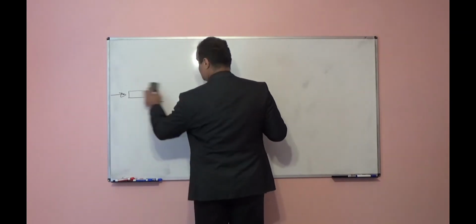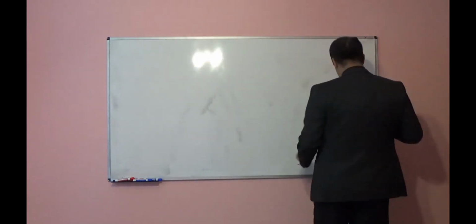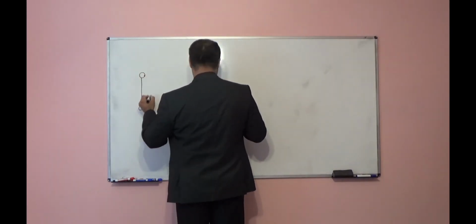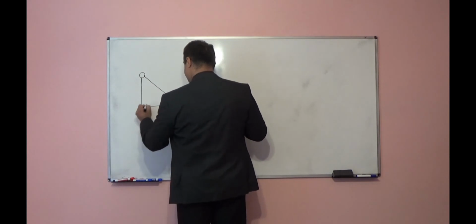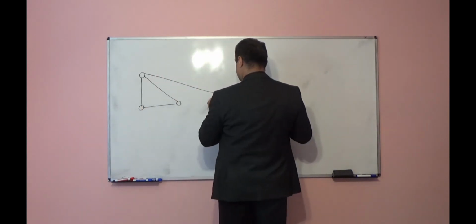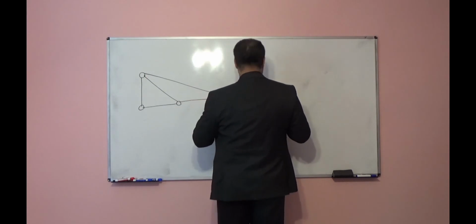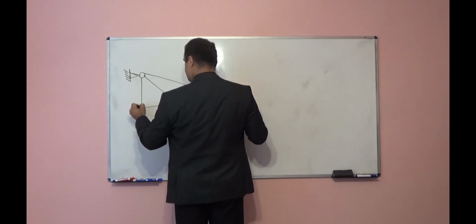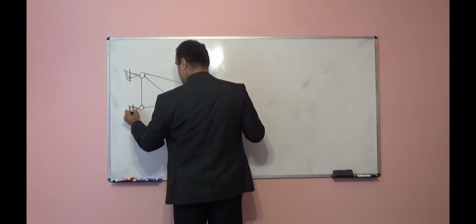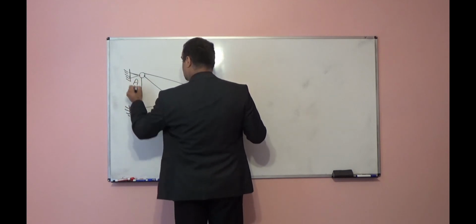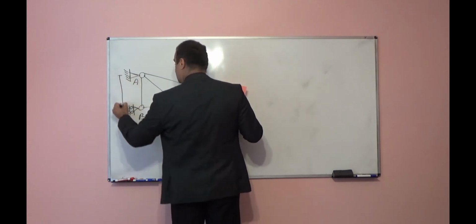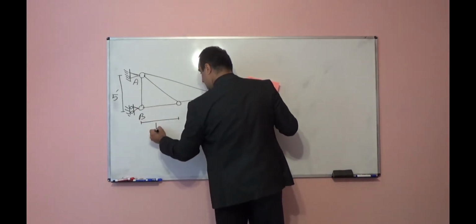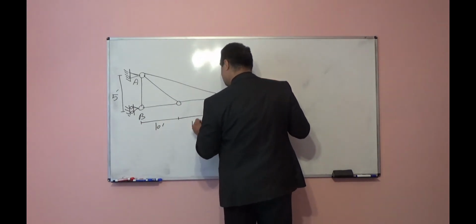Next, a numerical example, and I will solve it with numbers. Assume we have a simple truss, something like this. A, B, C, D: from A to B it is 5 feet, then 10 feet, 10 feet.